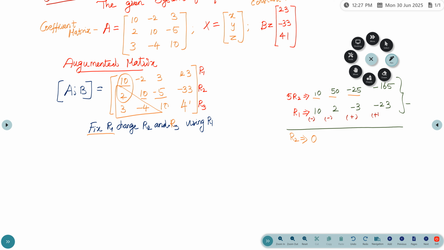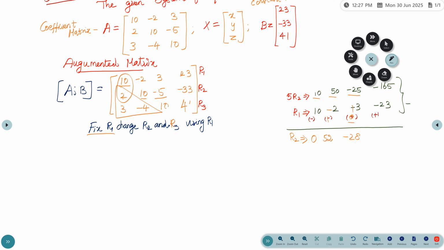Then 50 minus (minus 2) is 50 plus 2, which is 52, because the sign changes on subtraction. And minus 25 minus 3 is minus 28.